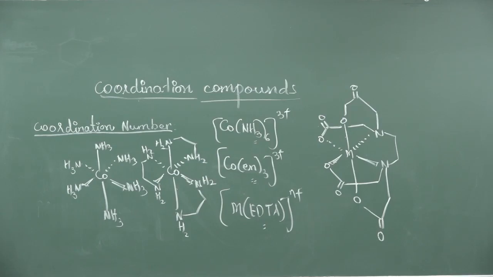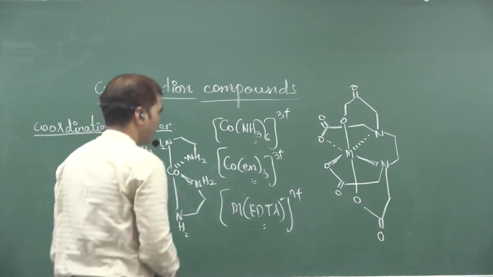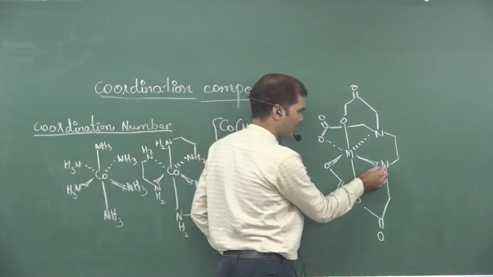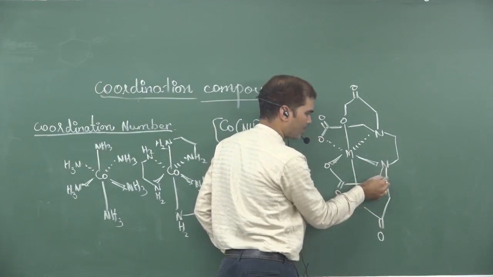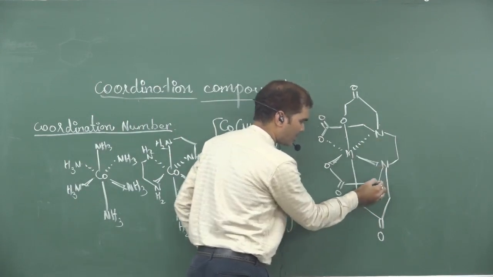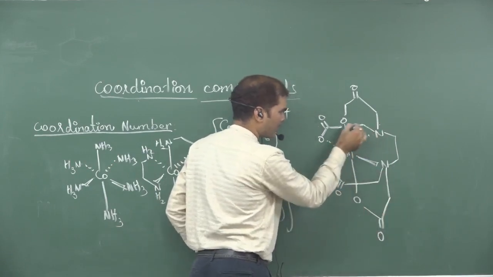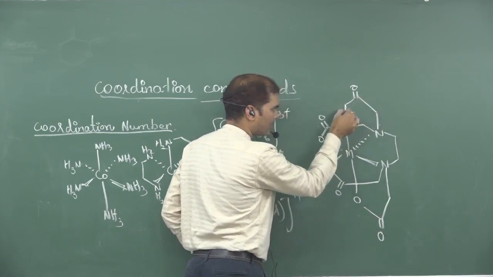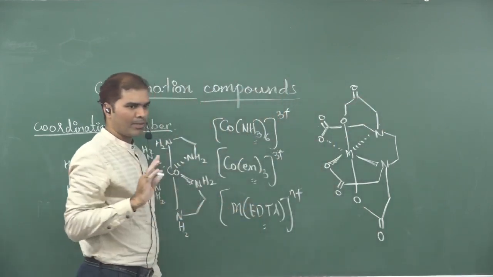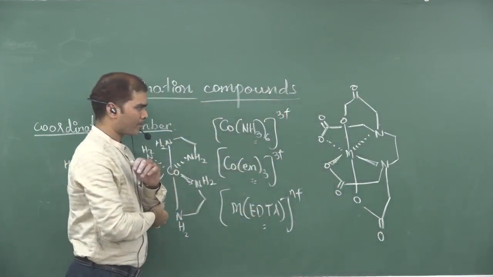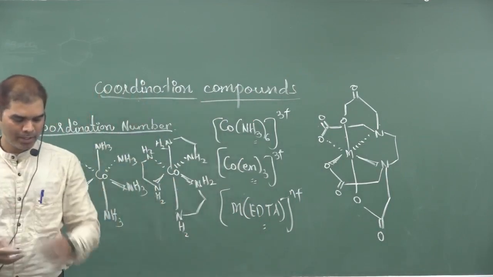Acetate groups are CH2COO. For 2 nitrogens, there are 4 acetates: CH2COO, CH2COO, CH2COO, CH2COO. It will form an octahedral complex.